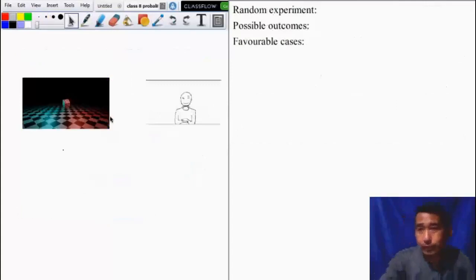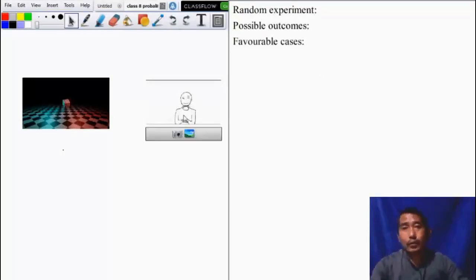So here I have some random experiments. In the first case, which is throwing of a die, and in the second case here I have tossing of a coin. And why do we call this a random experiment is when we throw a die, whether we get a number 5 or 6 or any number from 1 to 6, it is not in our hand.